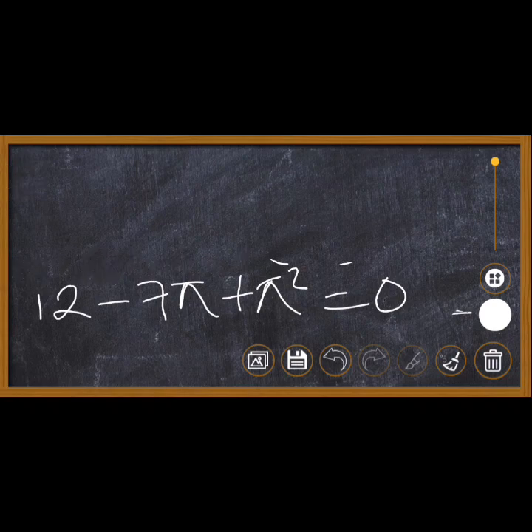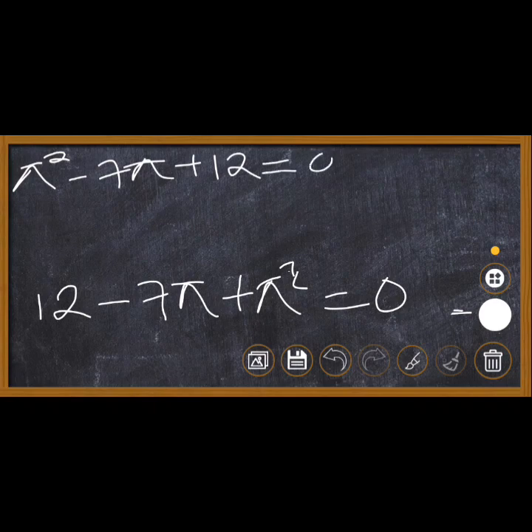So what we have is what we call a quadratic equation. Since it's a quadratic equation, we are going to solve this quadratically. Whatever method you can use to answer this question, it's okay. So here we have pi squared minus 7 pi plus 12 equals 0.